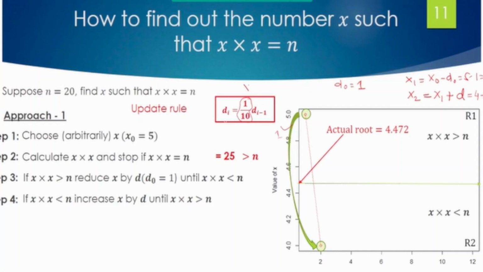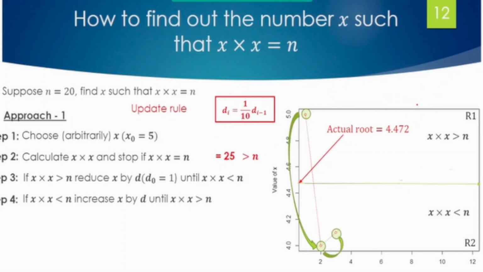So here I will use d1, which is 1 by 10 into d0. That means this should be 0.1. So at the time of increment from this place, I will use this formula: x2 equals x1 plus d1, which is 4 plus 0.1, that is equal to 4.1.